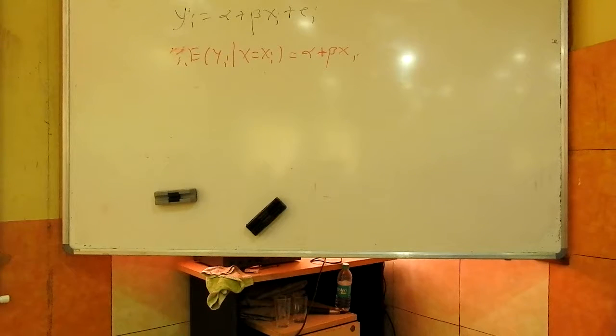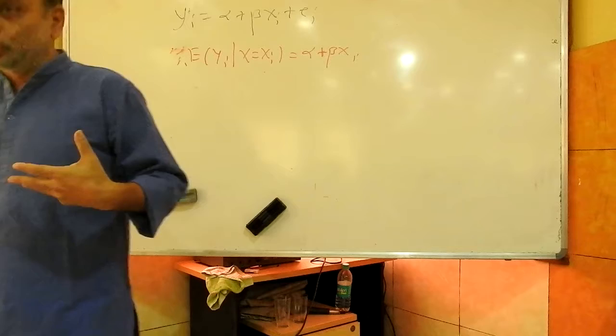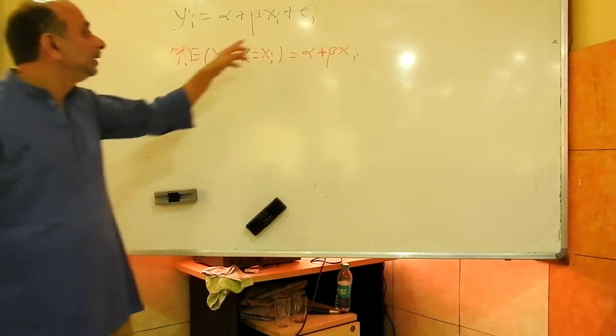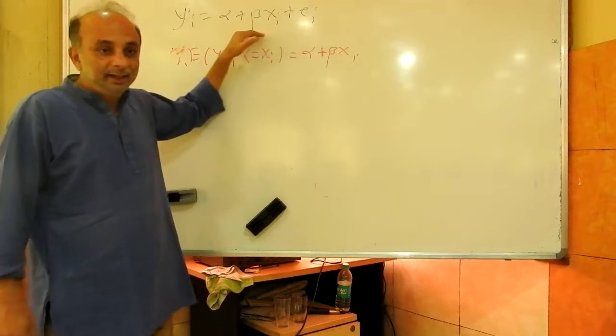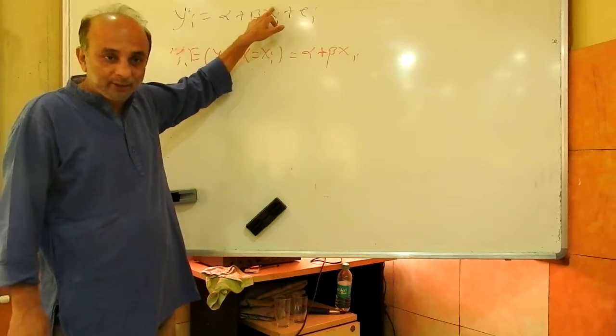But every 18-year-old doesn't have the same height. So if you take a particular 18-year-old, then the difference between the height of that particular 18-year-old and the average height of all 18-year-olds is what is ei. This is the conditional mean, so this is the average height of people who are 18 years old.